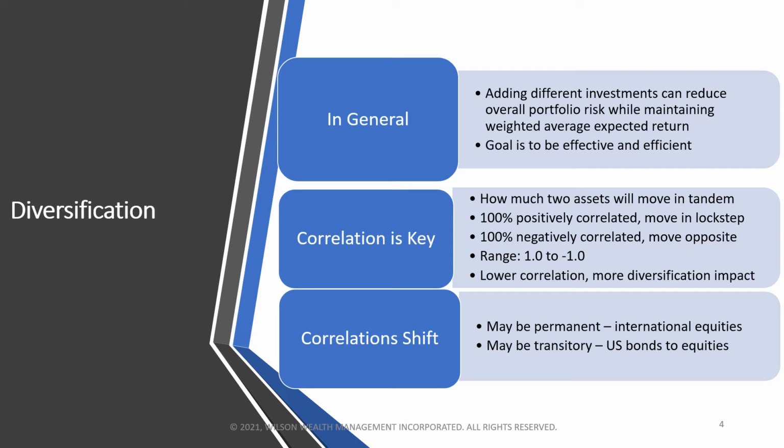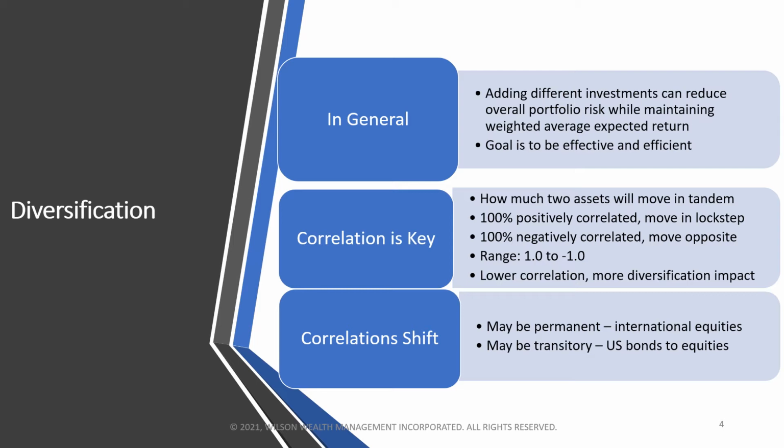But there's also transitory shifts. And the one example that I like to use is there's a common perception that bonds are an excellent diversifier versus stocks. And that's true for the most part.